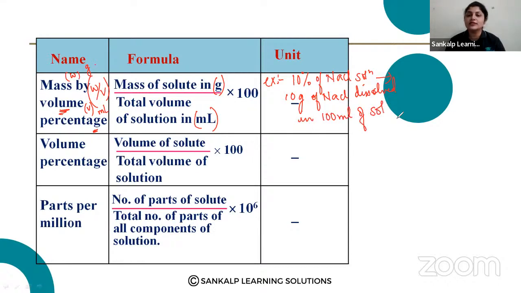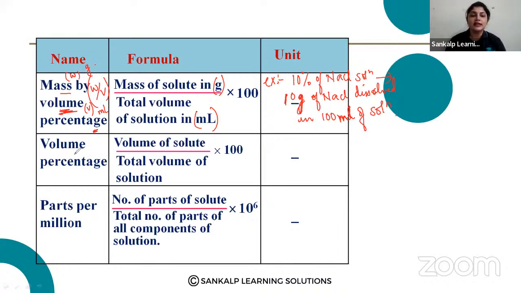This will give you 10% of NaCl solution because you're expressing mass by volume. Whenever mass by volume is there, the mass will be in terms of grams and your volume will be in terms of ml. So 10 grams of NaCl is dissolved in 100 ml of solution. So this is our mass by volume percentage.